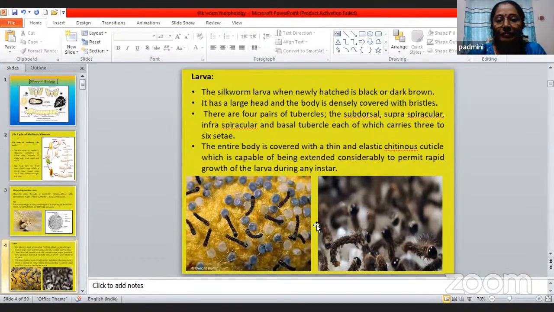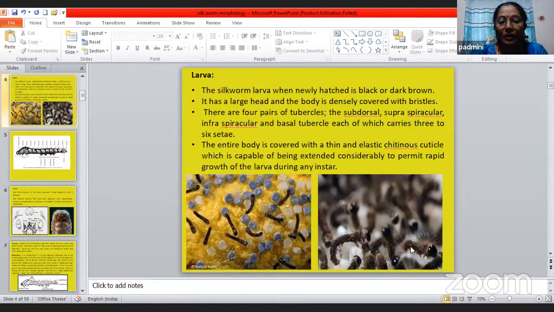That is because they have this thick and elastic chitinous cuticle, which is capable of being extended. So what happens is during every molting stage, they're able to grow in size, because the larva doesn't grow in size as such. So they have to molt. That is, they have to remove their old skin and they have to go into the next instar, when they start growing. So that is the most important part over there.